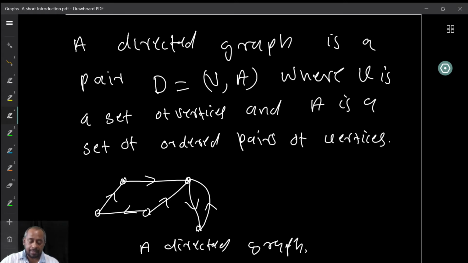So here is an example of a directed graph. You have these vertices, let's give some names: 1, 2, 3, 4, and 5. In this, you can see that (1, 3) is an arc.